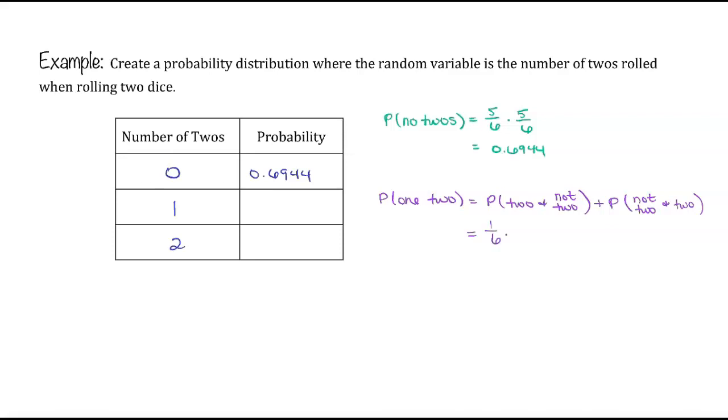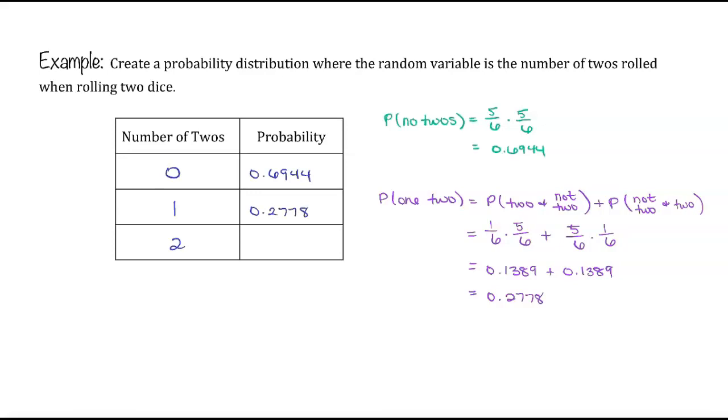And the probability of the second die not landing on 2 is 5 divided by 6. In the same way, the probability of the first die not landing on 2 is 5 divided by 6, and the probability of the second die landing on 2 is 1 divided by 6. Putting this into our calculators, we have 0.1389 plus 0.1389 for a total probability of 0.2778.